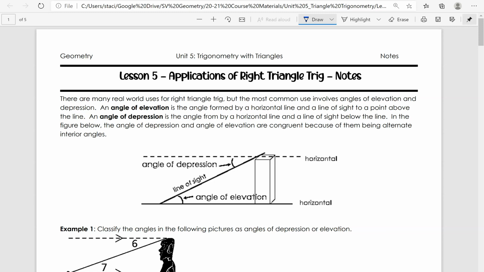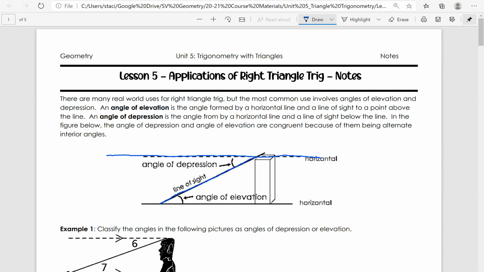And so if we talk about an angle of depression, if you look at the picture that's in front of you, if I have a horizontal line, which I'm highlighting here in blue, and if I look downwards, my new line of sight is this line I'm highlighting in blue.